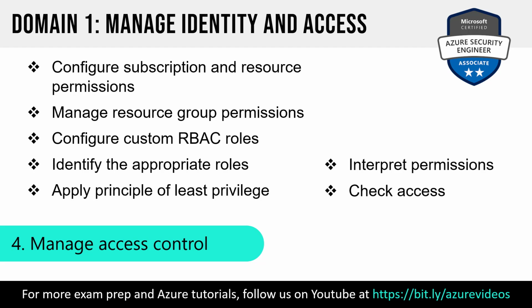This last one may not be familiar to you. If I need to quickly check the access level, the assigned roles to a user, a service principal, or a group, the check access feature under Identity and Access Management, or IAM, is going to be really important. That was listed as a line item, so make sure you're familiar.